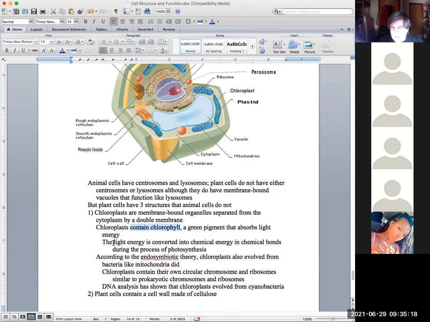Now, what do chloroplasts do? Chloroplasts convert light energy into chemical energy of chemical bonds. And they do this during a process called photosynthesis. Every living thing that carries out photosynthesis has chlorophyll in it. Some of them have other chemicals that help the chlorophyll, but they all have chlorophyll.